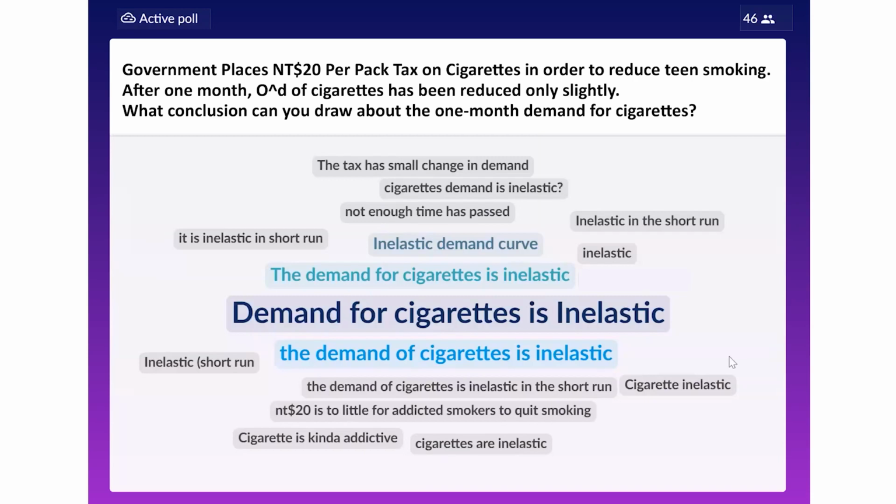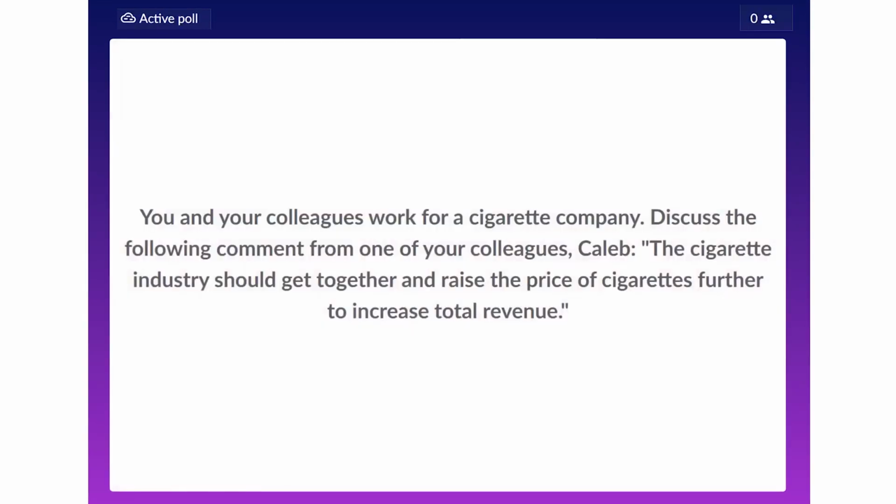Okay, so next one. You and your colleague work for a cigarette company. Discuss a comment from one of your colleagues, Caleb. The cigarette industry should get together and raise the price of cigarettes further to increase total revenue. So do you agree with this or disagree? I believe this is also an open-ended question, so you can put in your responses.